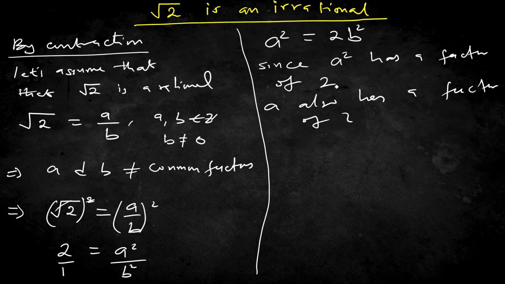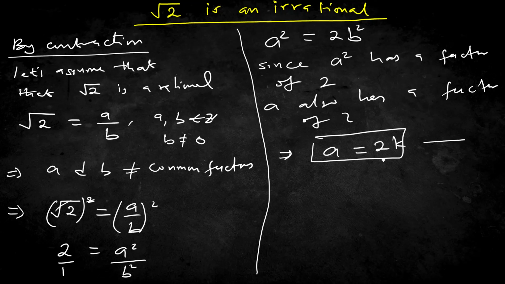So if a has a factor of 2, since a squared has a factor of 2, we now conclude that a is the same as 2k, where k is an integer. We have this as the general term for a.